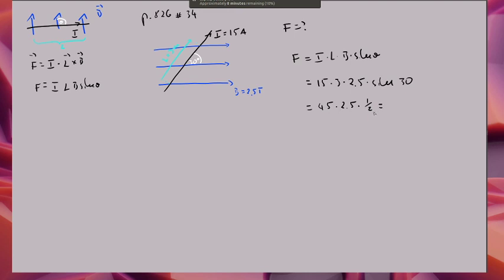So let's see what we get out of that. We have 45 times 2.5 times 0.5, and for this we get 56. It's good enough. So 56 newtons. That's the force.